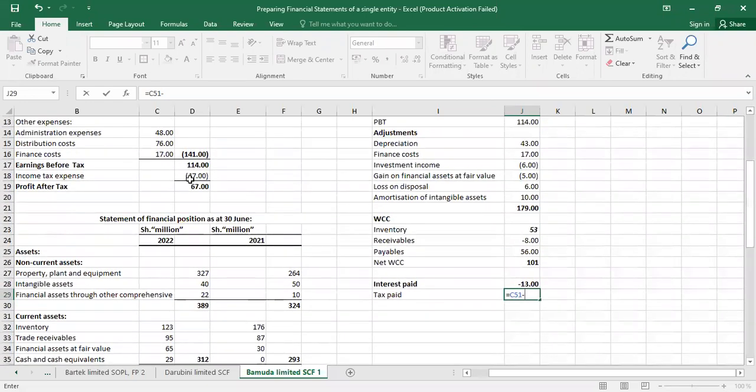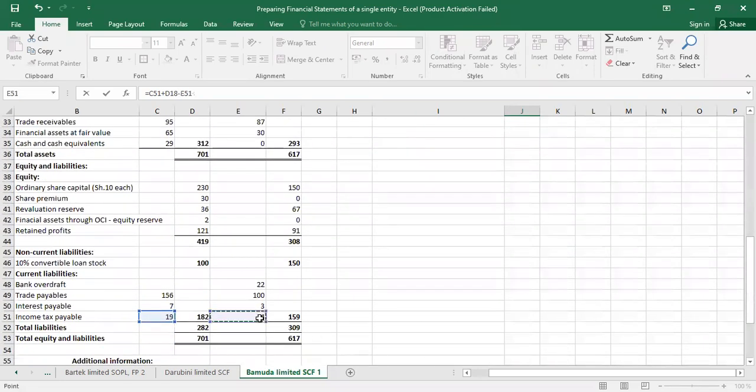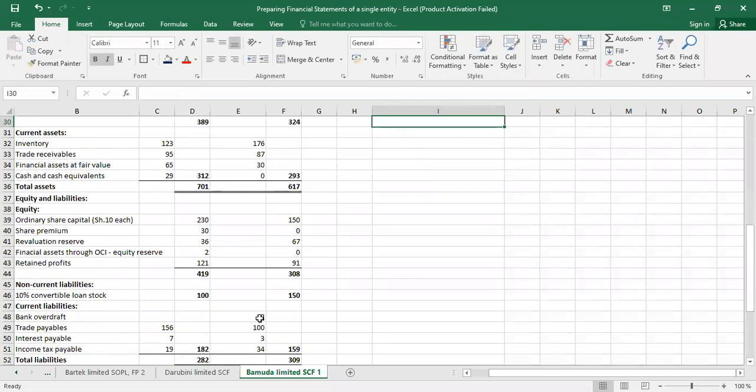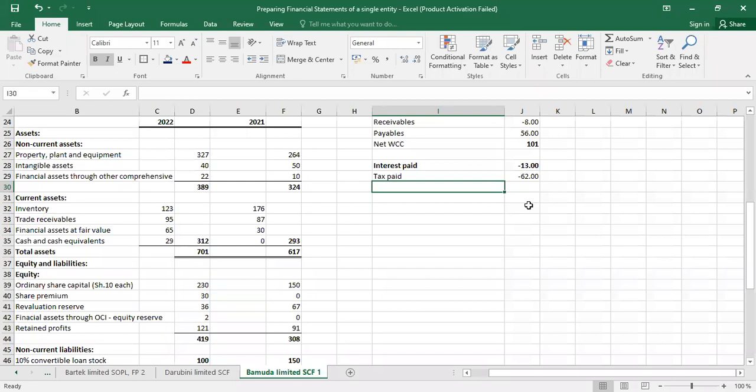So you see, if I minus here, so it would be plus the 47 minus the previous value. We find that it is 62, isn't it?